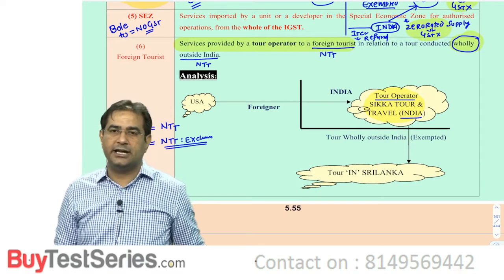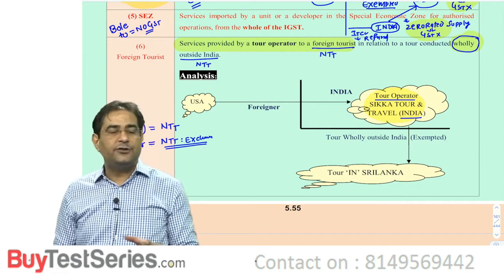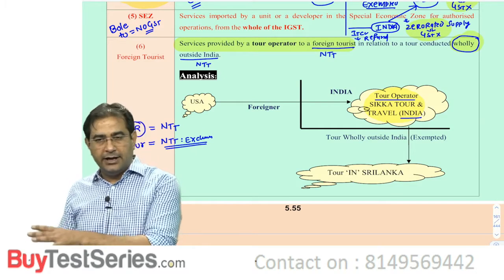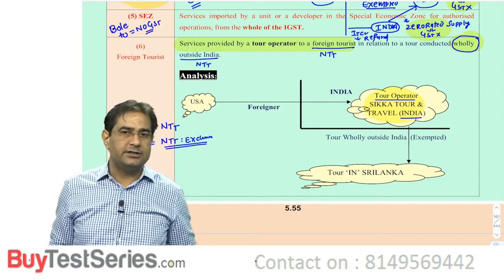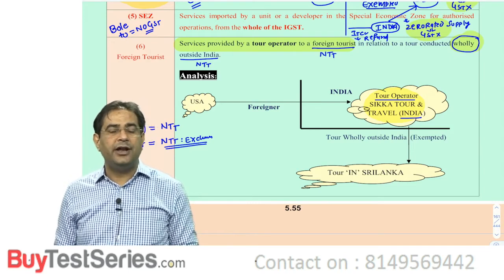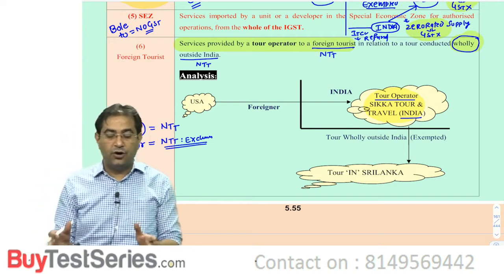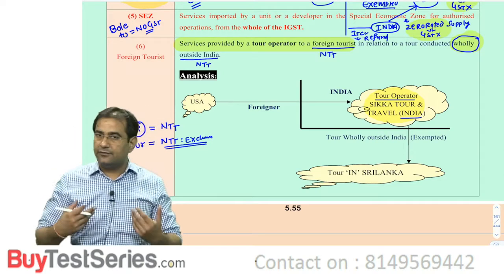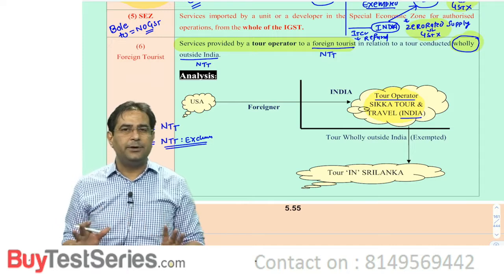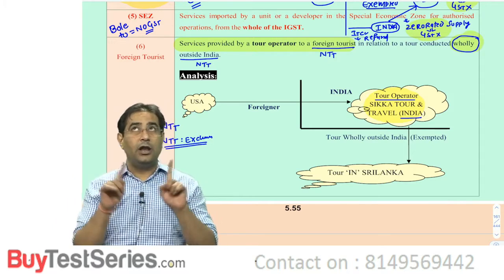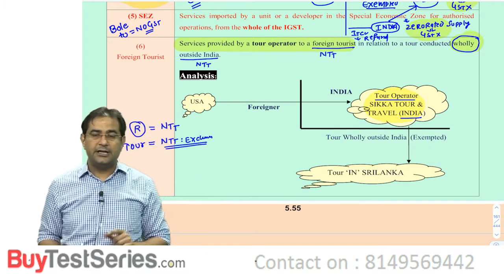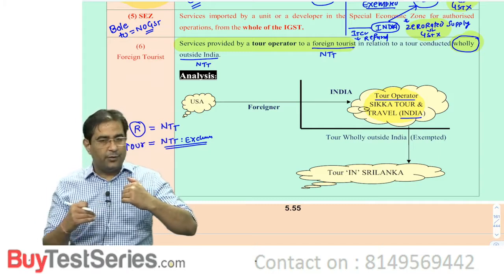It is a mixed scenario, with some tour places in India and some outside India. Then it will never fall under this exemption. If any transaction does not fall under the ambit of the exemption, it will be completely liable to GST, the whole amount.